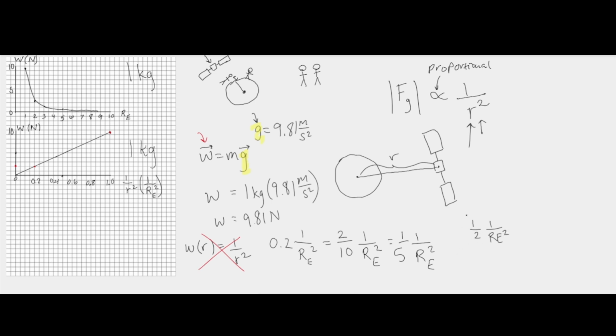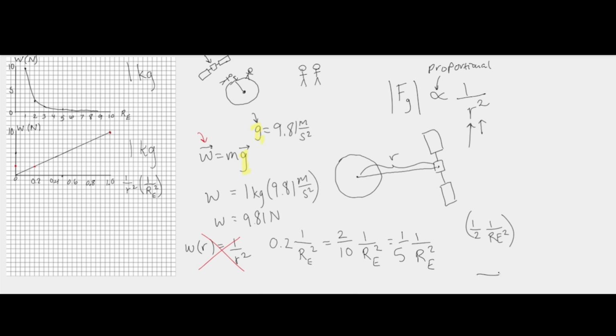Now, what does this actually mean physically? This value that I have here, 1/2 times 1 over the radius of the Earth squared, well, this is 2 times the radius of the Earth squared. So this would be double the radius of the Earth squared. So what could we expect then if we're that much further apart?